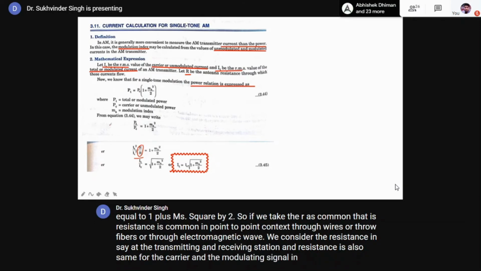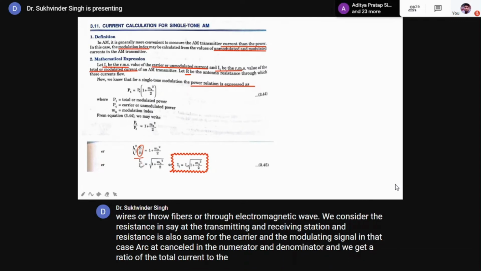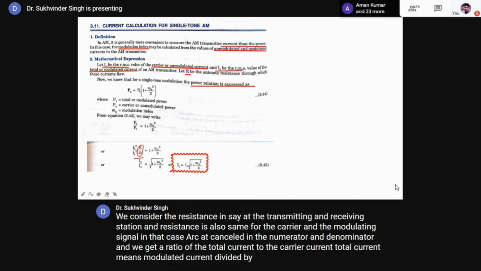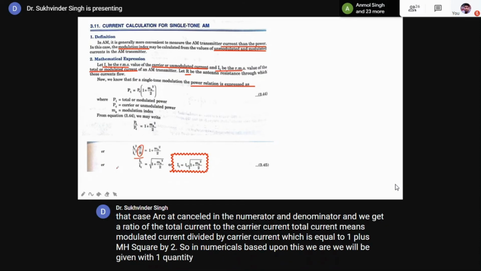In that case, R gets cancelled in the numerator and denominator, and we get a ratio of the total current to the carrier current. Total current means modulated current divided by carrier current, which is equal to square root of 1 plus MA square by 2. So in numericals, based upon this, we will be given one quantity or two quantities, and we will be asked to find the third quantity.